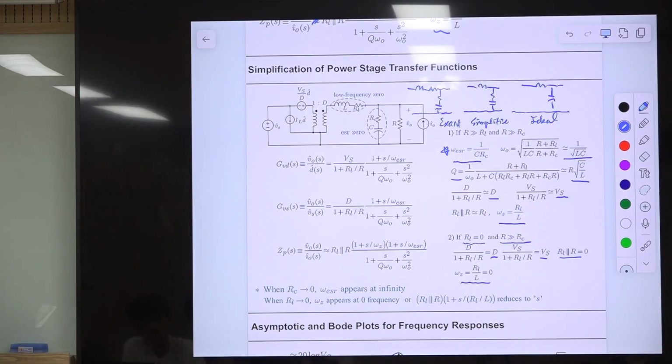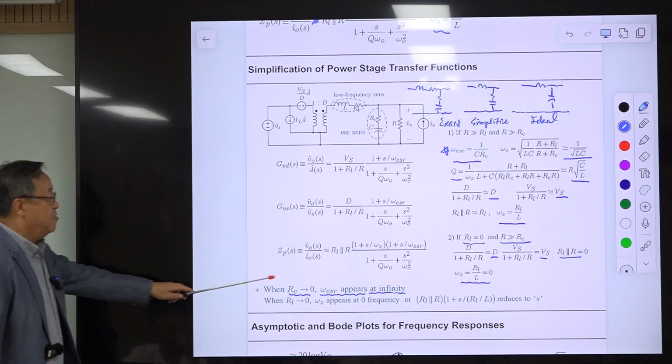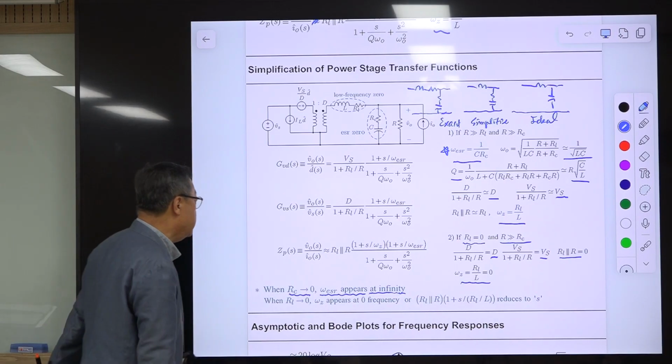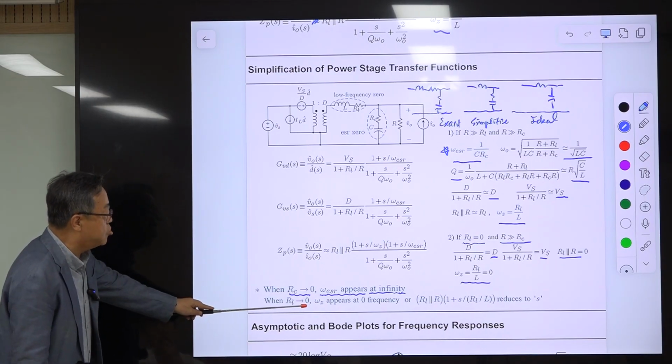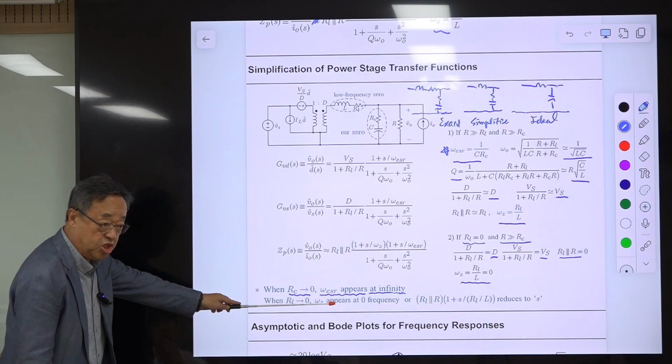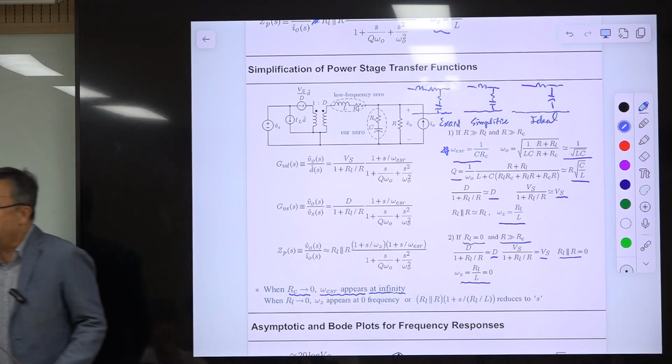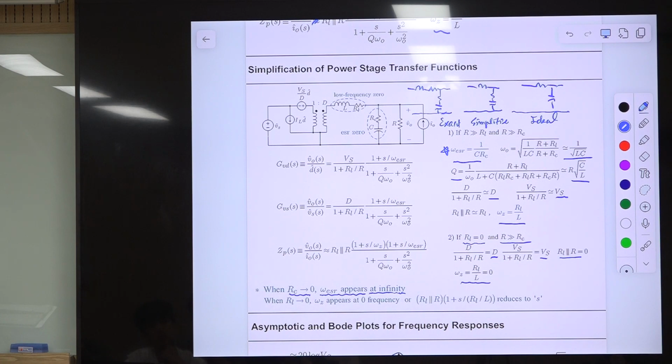For the frequency response, the 0 is very important, and the pole is important. When RC approaches 0, omega ESR goes to higher frequency and arrives at infinity, so it goes out to infinity. When RL goes to 0, omega 0 approaches 0 frequency. The meaning of that is you have a 0 at 0 frequency, that is, the initial slope is this one.